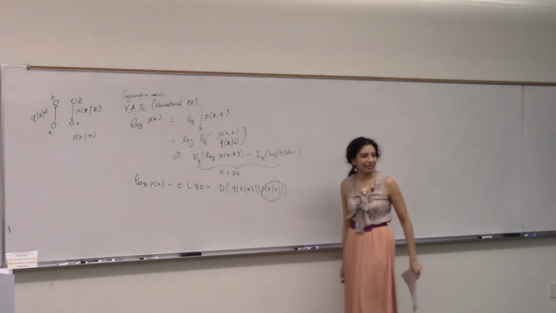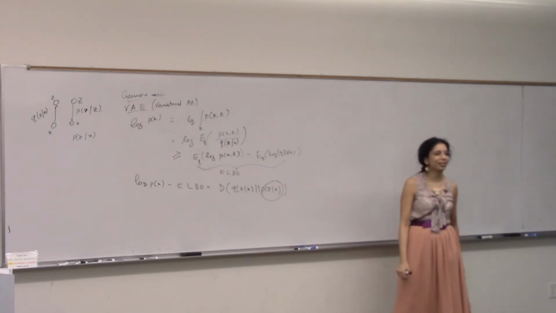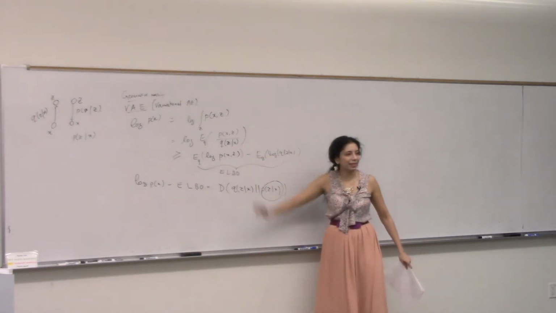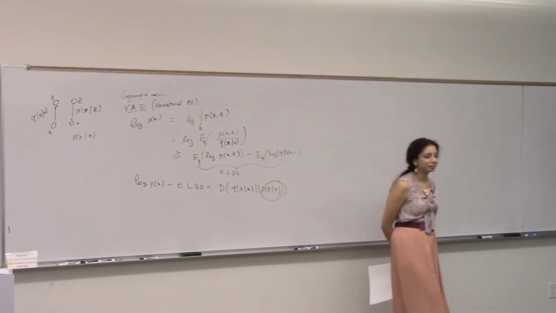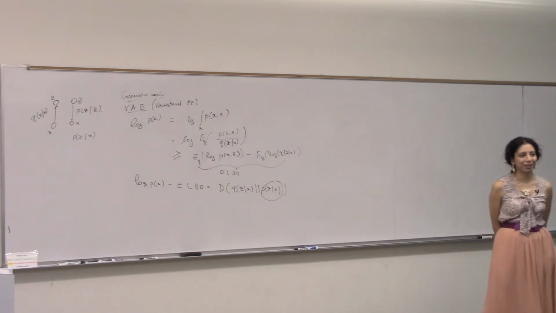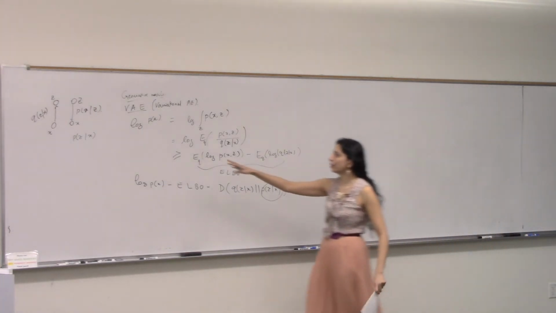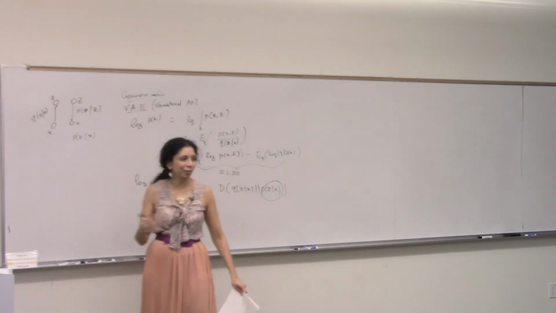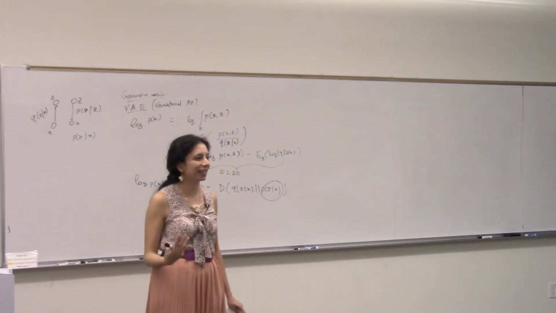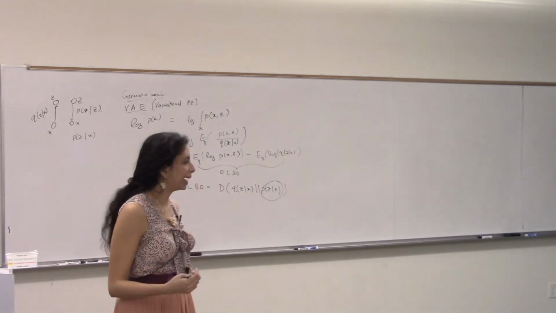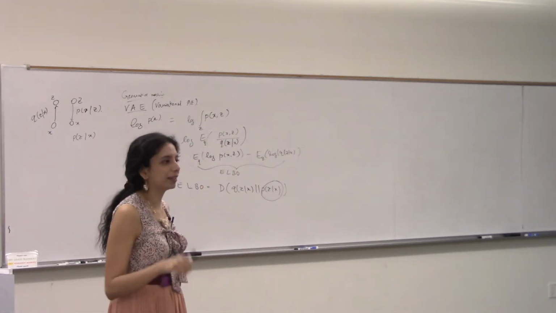The expectation over Q means you're taking expectation with respect to this distribution, and that involves Z. And you should, because you only have your observed data, so you have to integrate over Z. That's the only way you can fit to your observed data.